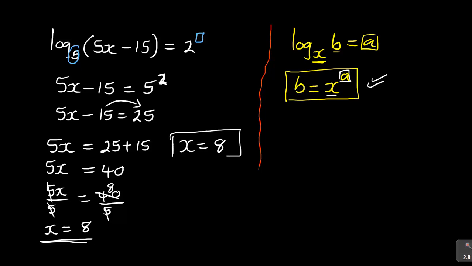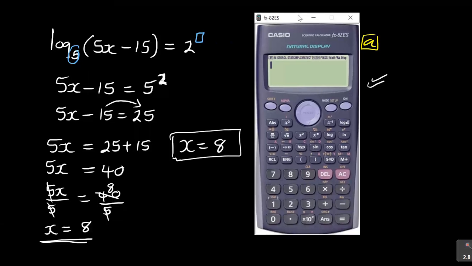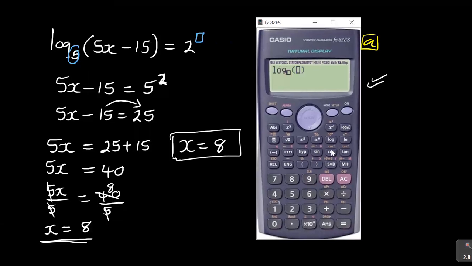So that is what we need to test. So if I test that to say log in base 5, and then it's 5 times 8 minus 15, it must give me a 2. So this now is correct, it's giving me a 2.